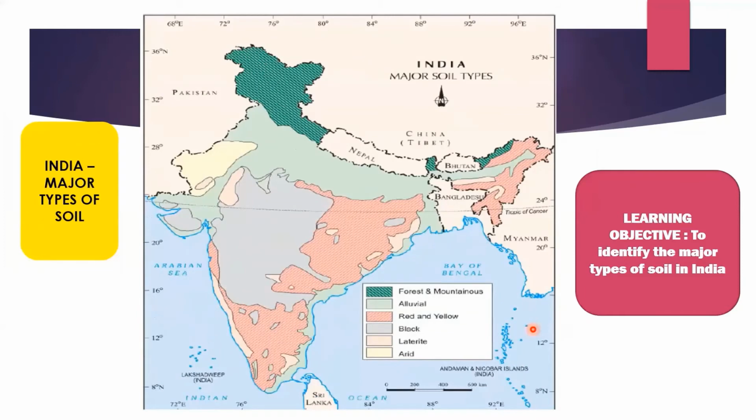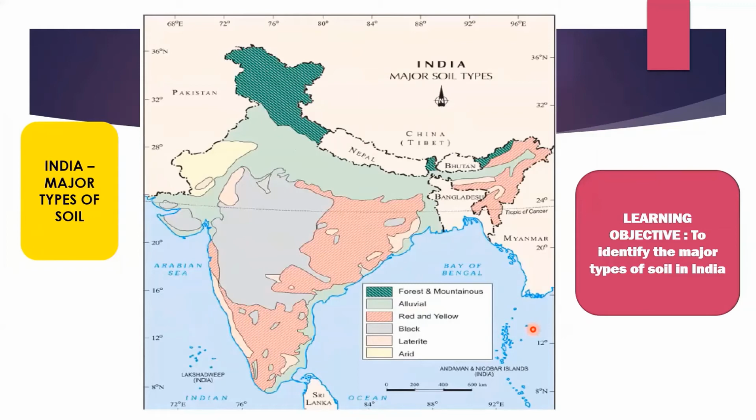Today's learning objective is to identify the major types of soil in India. The map shows the distribution of soil in India. First, we will have a look at the map.